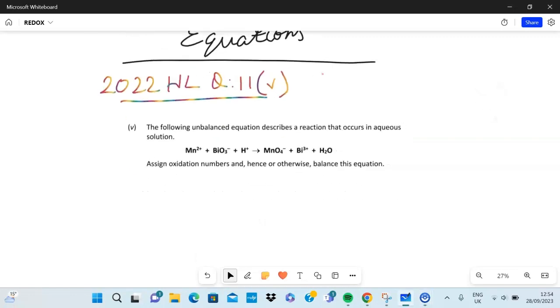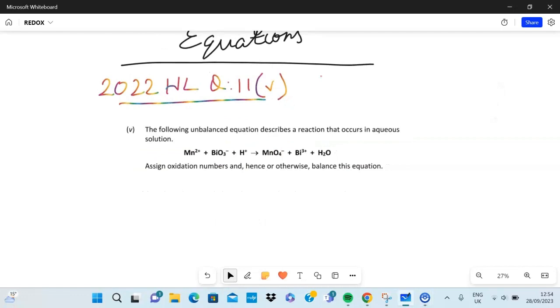This question is asking: the following unbalanced equation describes a reaction that occurs in aqueous solution. Assign oxidation numbers, and hence or otherwise balance the equation. What we have here is Mn2+ plus BiO3- plus H+, and that becomes MnO4- plus Bi3+ and water, H2O.